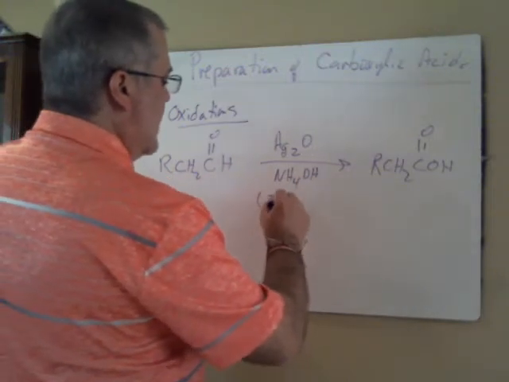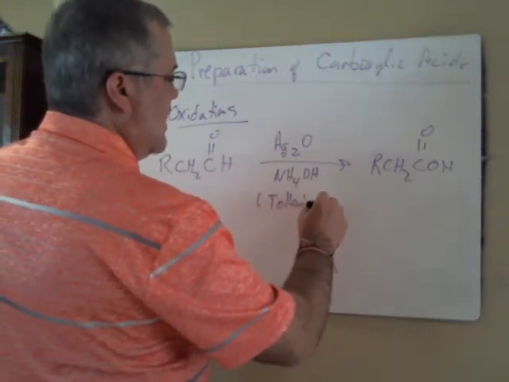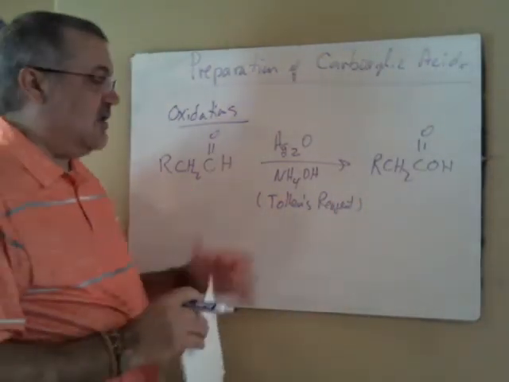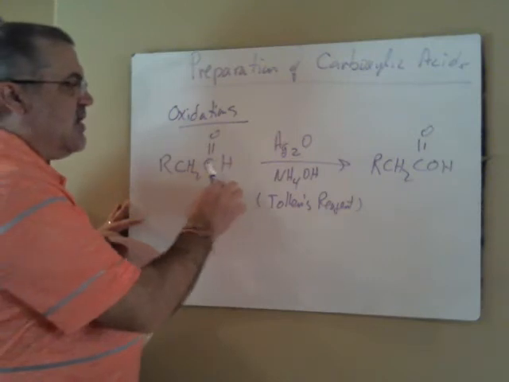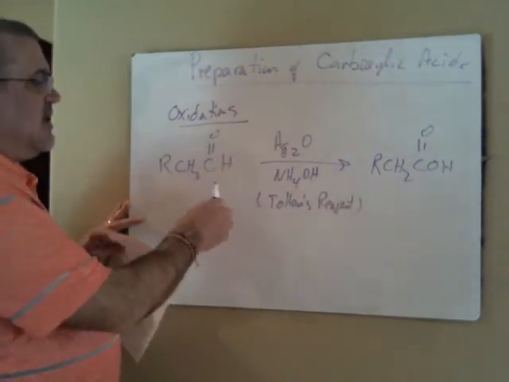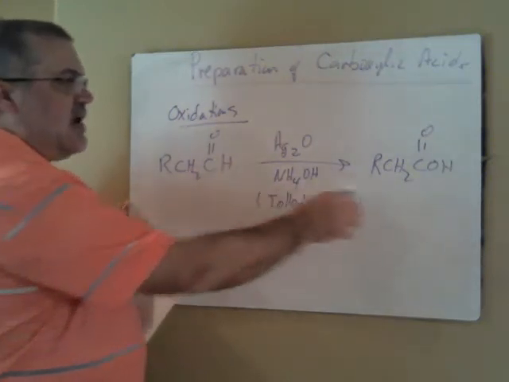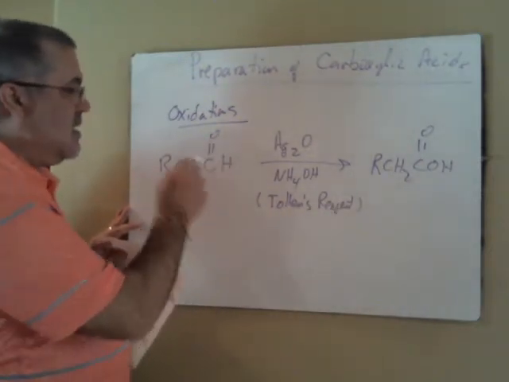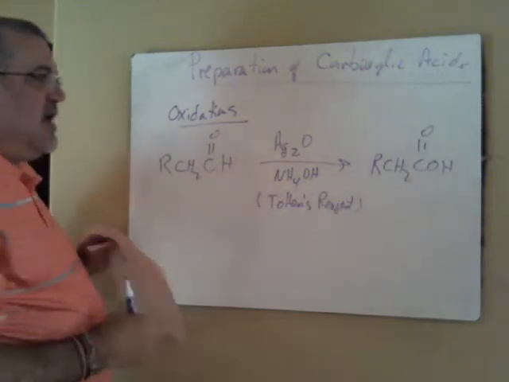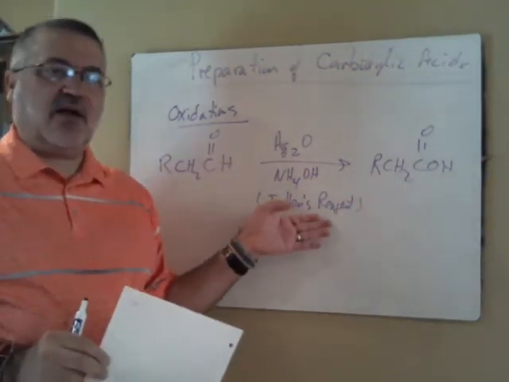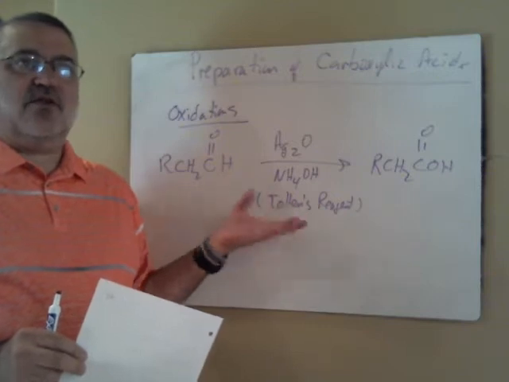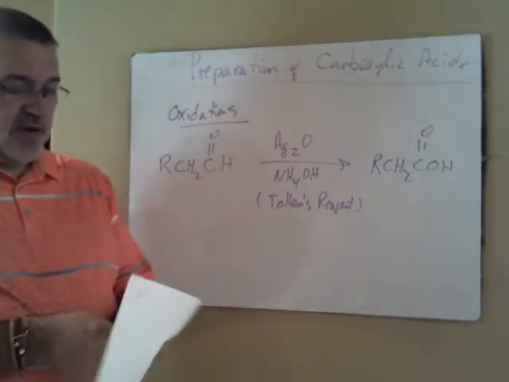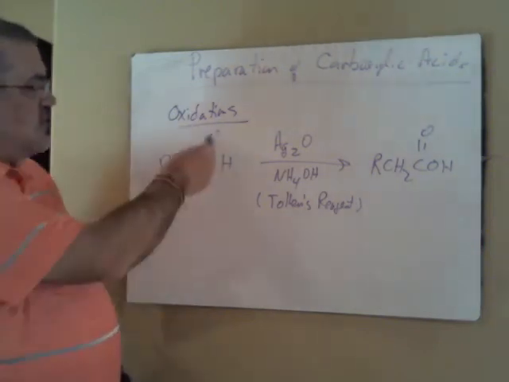This is called Tollens reagent, and it's called the Tollens test, because you're testing for aldehydes. It will oxidize an aldehyde to carboxylic acid. It doesn't oxidize primary alcohols, okay? Just aldehydes to acids. It is a reaction that's used a lot in the laboratory to test sugars to see if they have the aldehydic functionality on them.